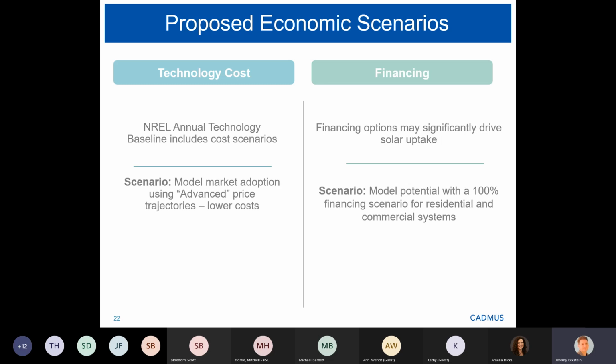Was there any further questions about potential economic scenarios? Yeah, Jeremy, it's Kathy. Just to build on what Tyler said earlier and some of what Mike's saying, I think a scenario that gets at the constraints we have with the various net metering, net billing scenarios of utilities.